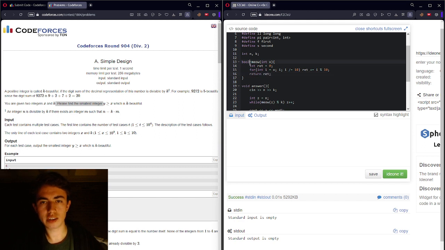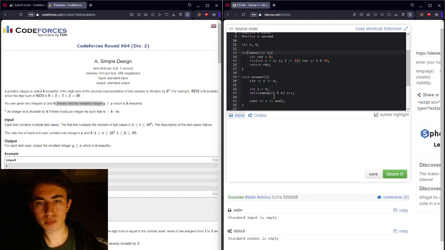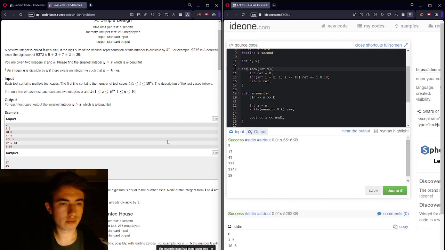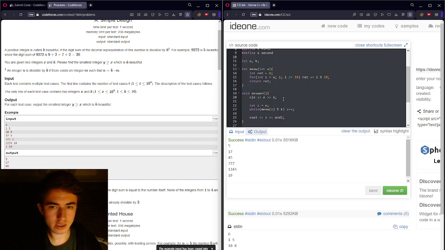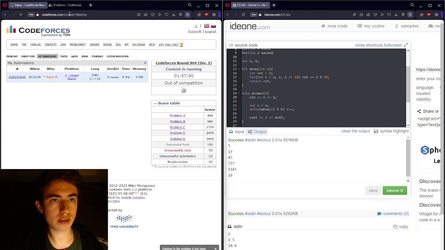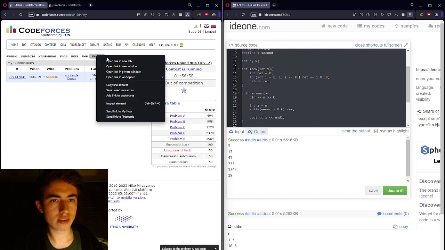And this should be an integer. Like I said, it's getting the sum of digits, and let's see if it works. It looks like it's good, and like I said, this is just brute force iterating the input until it works. Not much thinking involved in that.